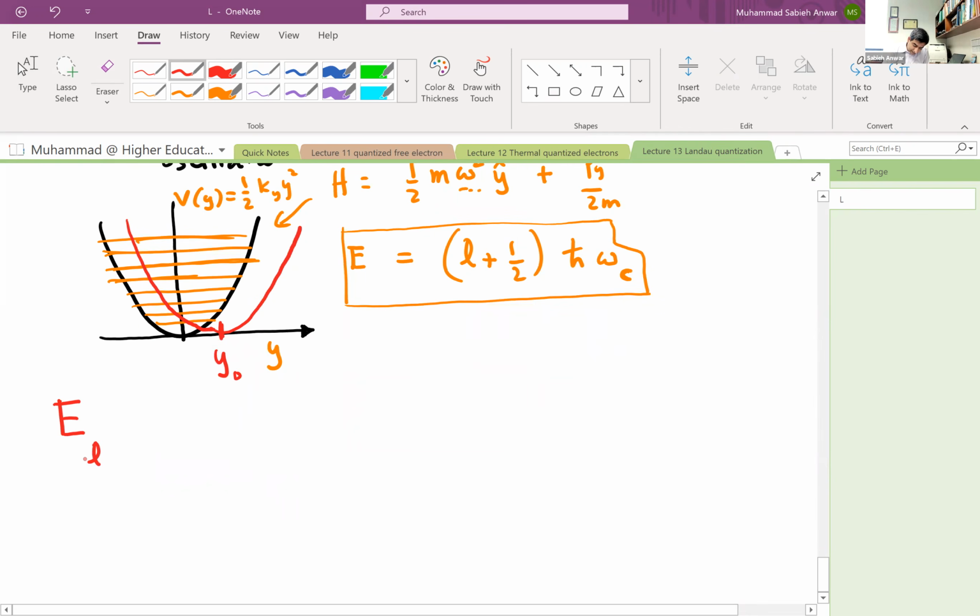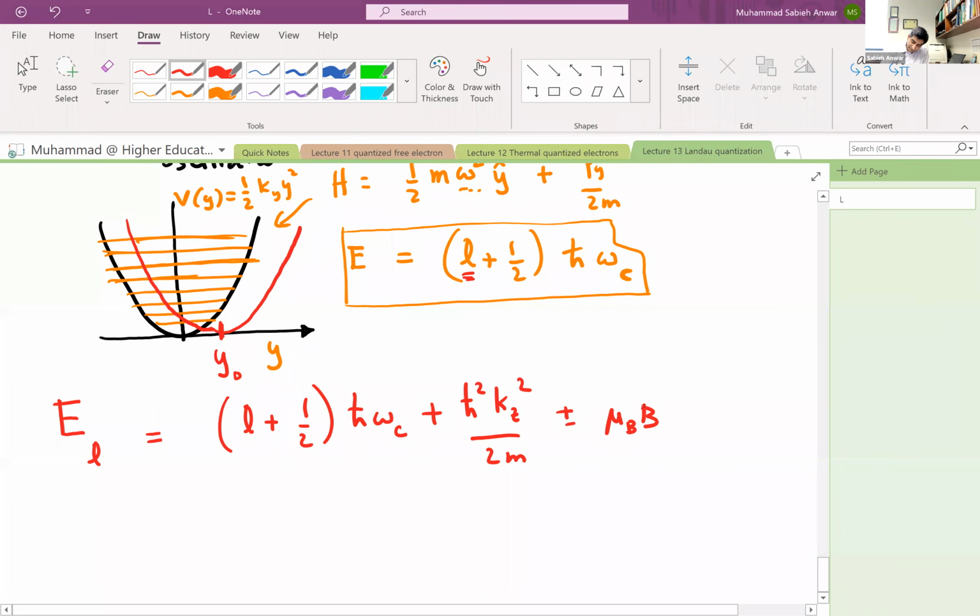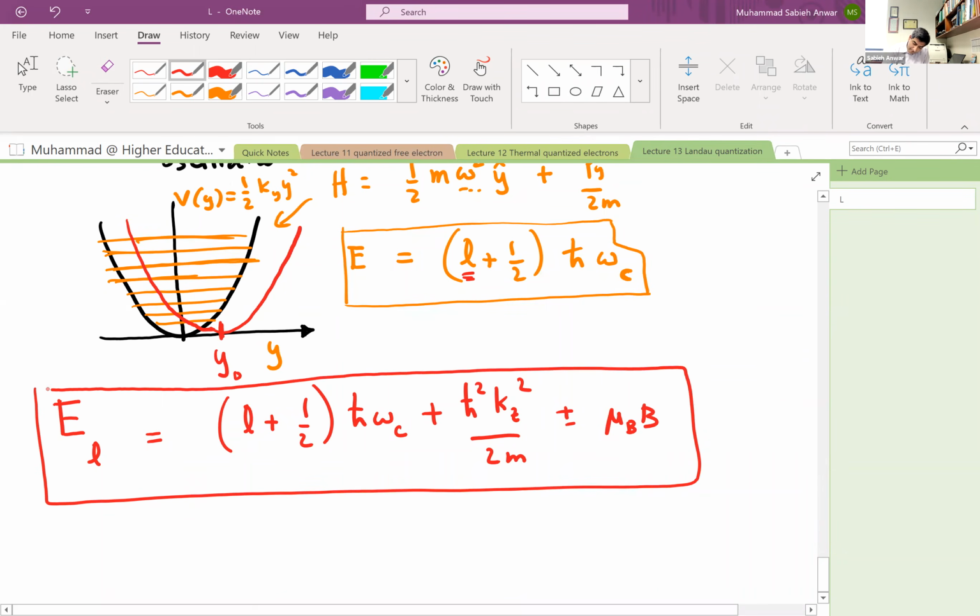And those energies are now quantized by this quantum number L. The energies are going to look like L plus half h bar omega c plus h bar squared kz squared over m plus minus mu B B. All right, so this is the energy of an electron, a free, independent, non-interacting electron, when placed inside a magnetic field, when its orbital motion or its spatial motion is also taken into account.